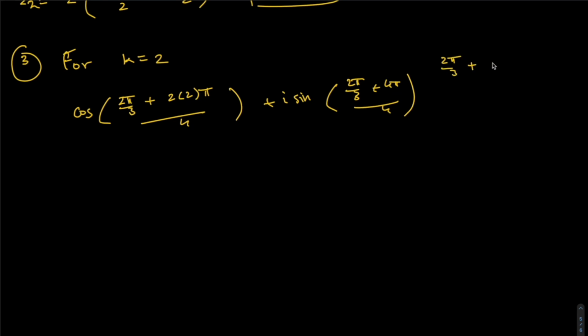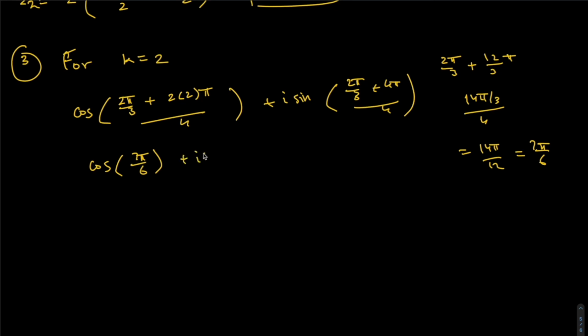Let's do it quickly here. 2 pi by 3 plus 4 pi. So I'm going to write it as 12 pi by 3, so I'm going to have 14 pi by 3 upon 4. So I'm going to have 14 pi by 12. I can reduce this as 7 pi by 6. So I'm going to have cosine of 7 pi by 6 plus I sine 7 pi by 6, like this.